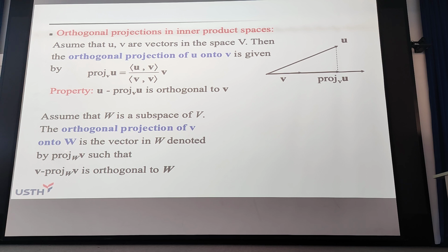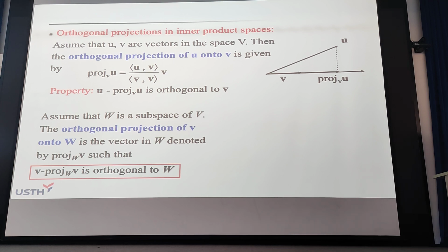And that, by definition, needs to verify a property similar to that. That is, V minus projection of V on W must be orthogonal to the subspace W. I put it in the red frame like that. That is the definition of the orthogonal projection of V on W.